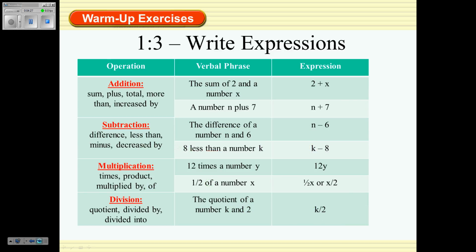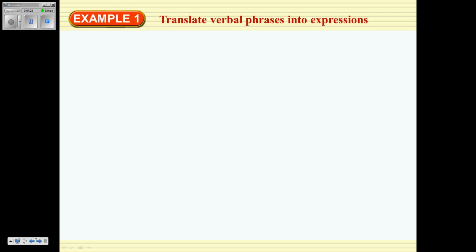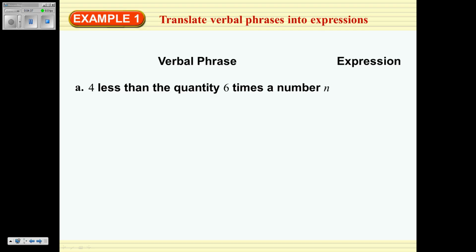Now we can start filling in some of your notes. All right, some examples. Okay, here's the verbal phrase. For less than, oh, there's that phrase. There's that phrase less than. So underline it, star it, whatever, okay?